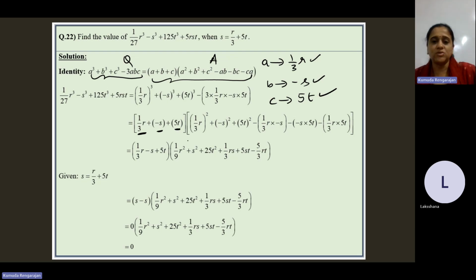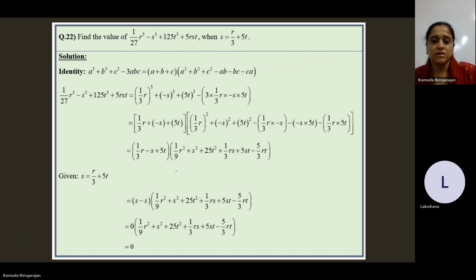A plus B plus C into A squared plus B squared plus C squared. See, A, B, C are here. Then minus AB, minus A into B. What is A? 1 by 3 R into B, minus S. Minus BC, taking all the signs from the identity.